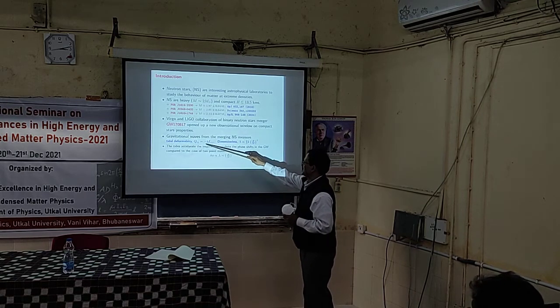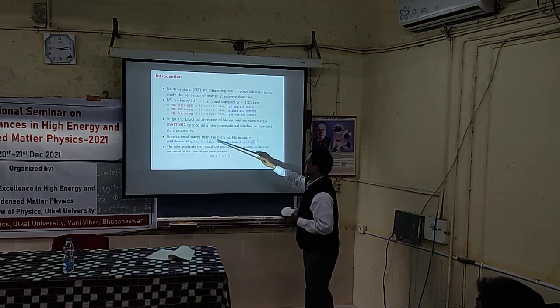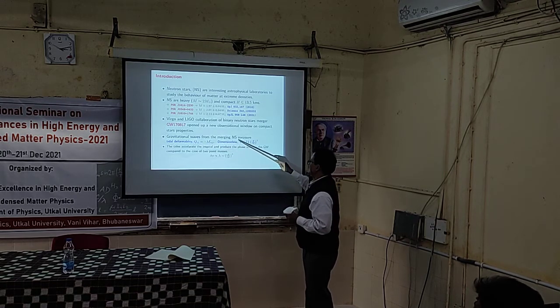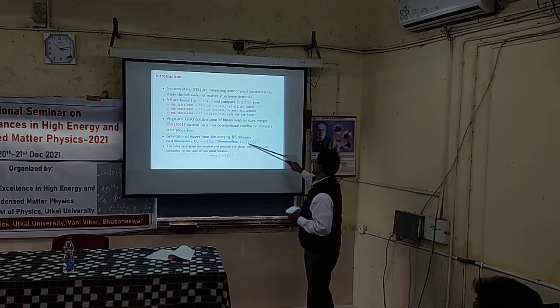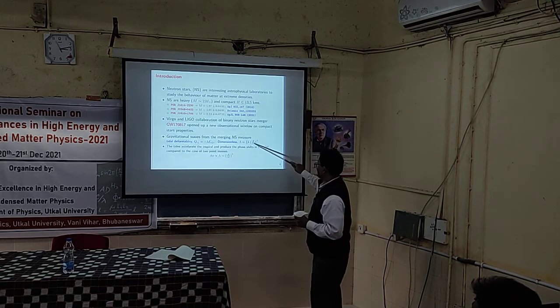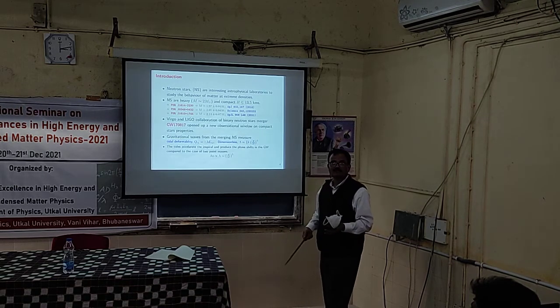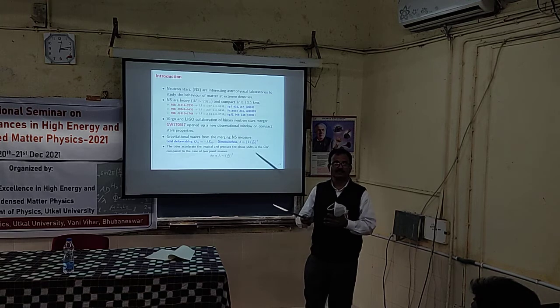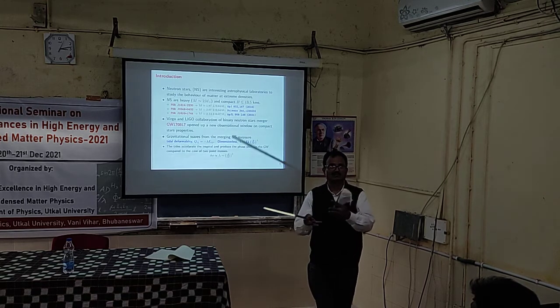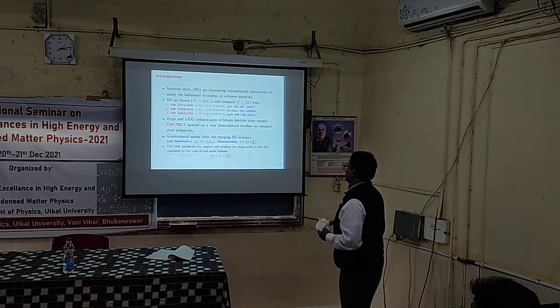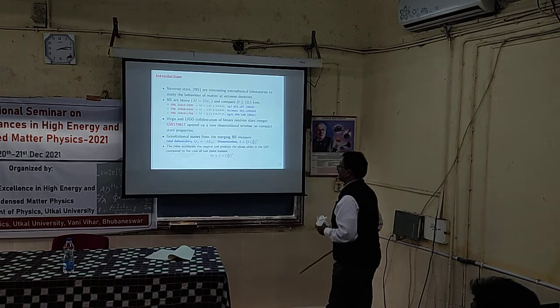Or if you take appropriate dimensionless quantities, it is proportional to some constant times (R/M)^5. Very sensitive on the mass and radius of this neutron star. This is what is known as compactness, radius and mass. So how compact it is. That kind of a feeling it gives. It is proportional to the 5th power.